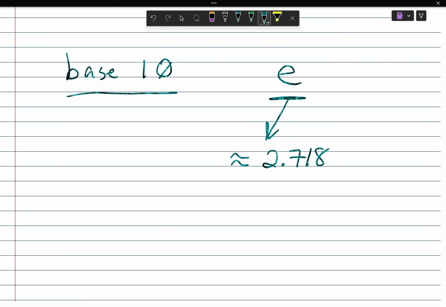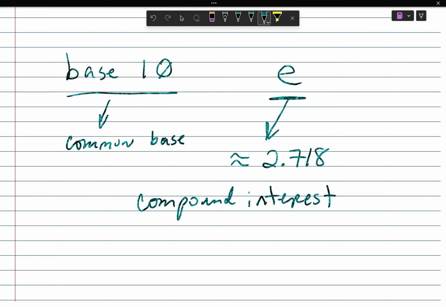If you're taking an algebra course of some sort, you'll probably touch upon compound interest, and there you'll see how e is used. So base 10 for us is called the common base, right? And then e is called the natural base.